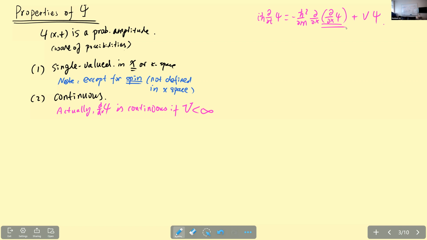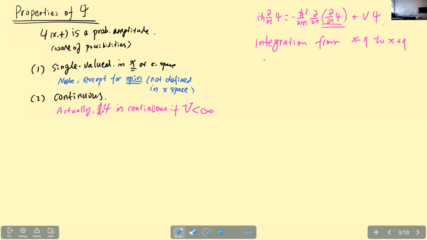So if we do the integration from, for example, x minus a very small number to x plus a small number. Okay. Right.